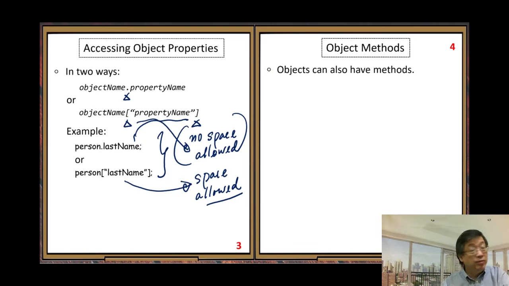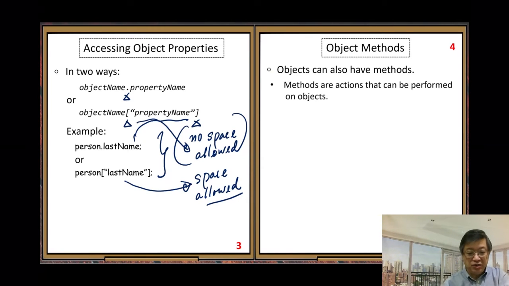Because we felt all the properties inside an object must be standard key value pairs. But here there is a special situation. Methods are actions, functions, actions that can be performed on an object.